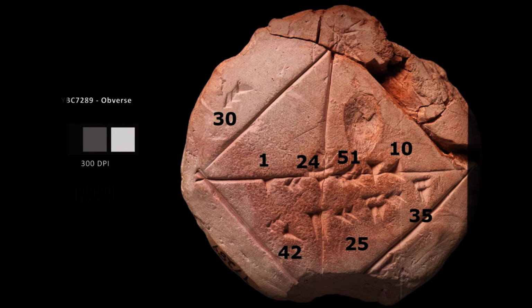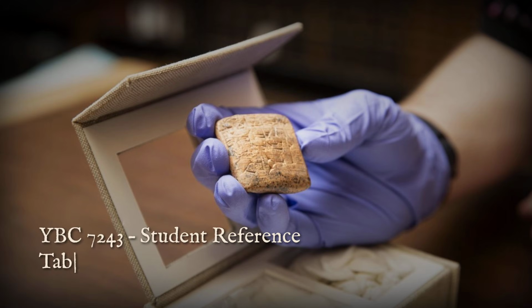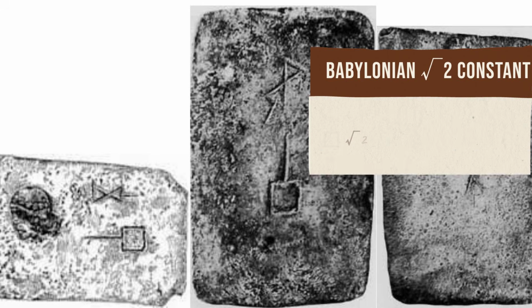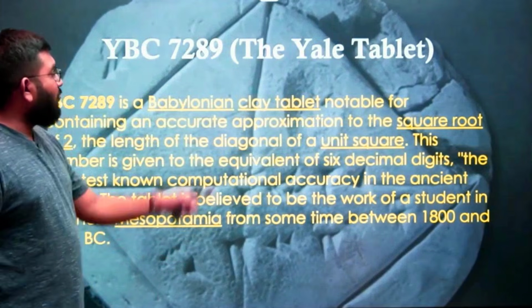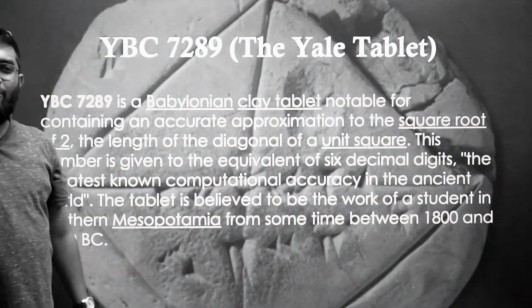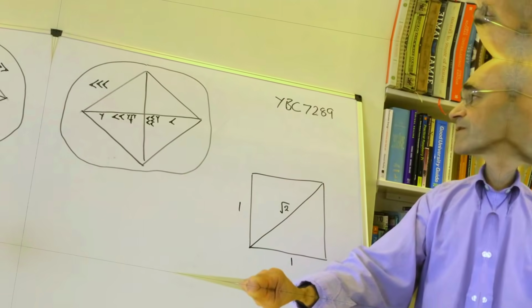The reference table survives. It is another Yale tablet, catalogued as YBC 7243. Line 10 of that tablet gives the value 1, 24, 51, 10, with an explicit label in Akkadian that translates to the diagonal of a square. This was not a one-time discovery.